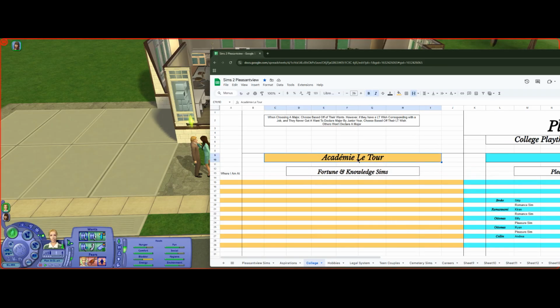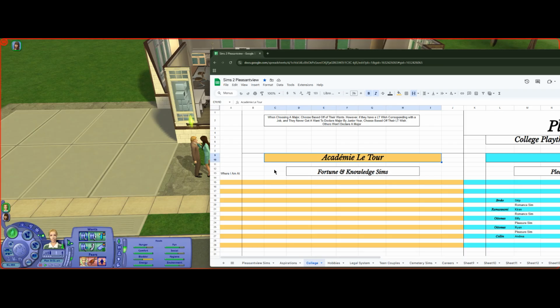So when I think about Academy Latour for my Fortune and Knowledge Sims, I think this college is a prestigious college. That's why I only have Fortune and Knowledge Sims come here, because Fortune and Knowledge Sims want to write term papers, they want to do assignments, they want to go to class. They always have wants corresponding with what they need to get done for their degree.